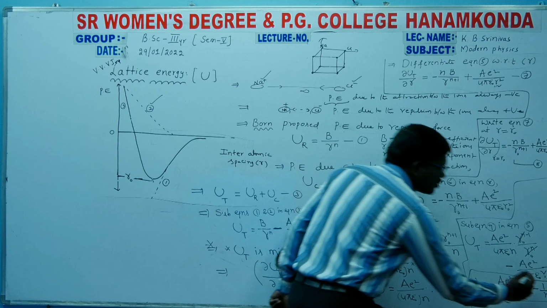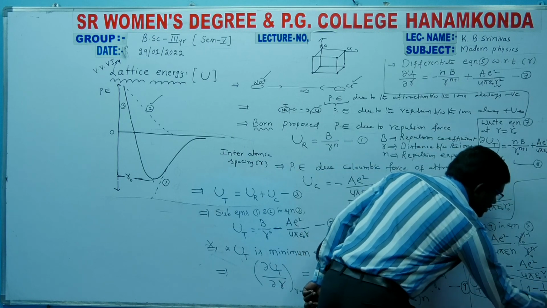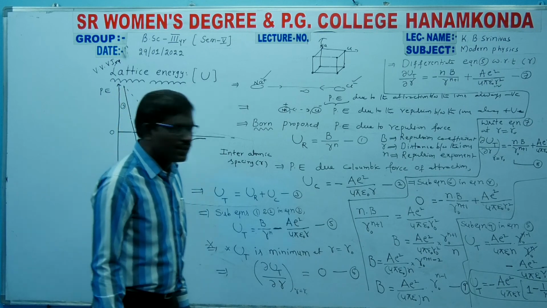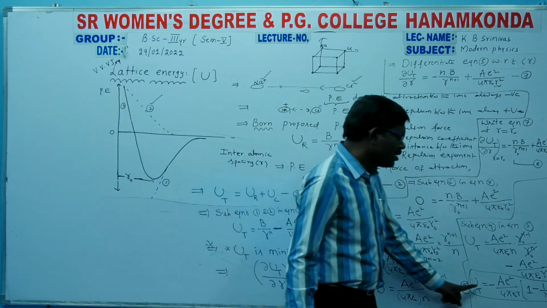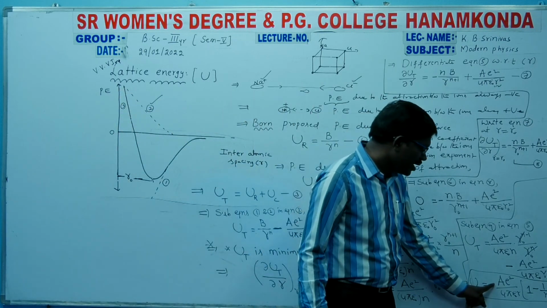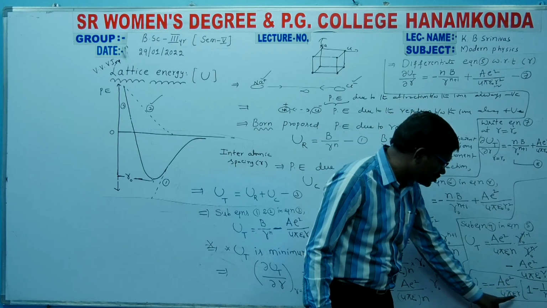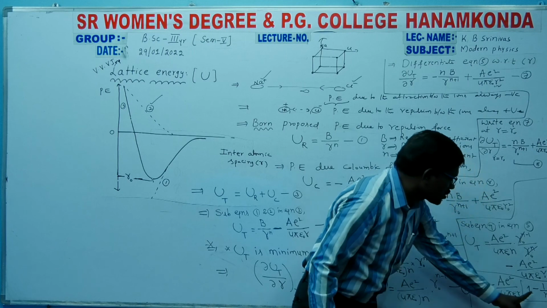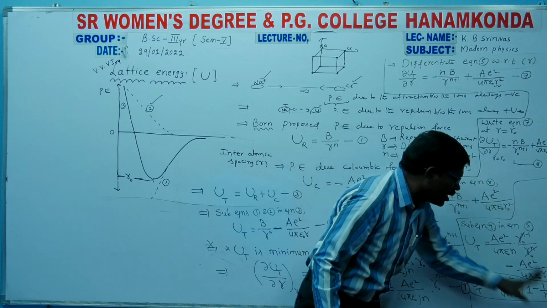Here I am giving number for this final expression as 10. The 10th expression represents the expression for lattice energy. Minus AE square by 4 pi epsilon naught r naught of 1 minus 1 by n.